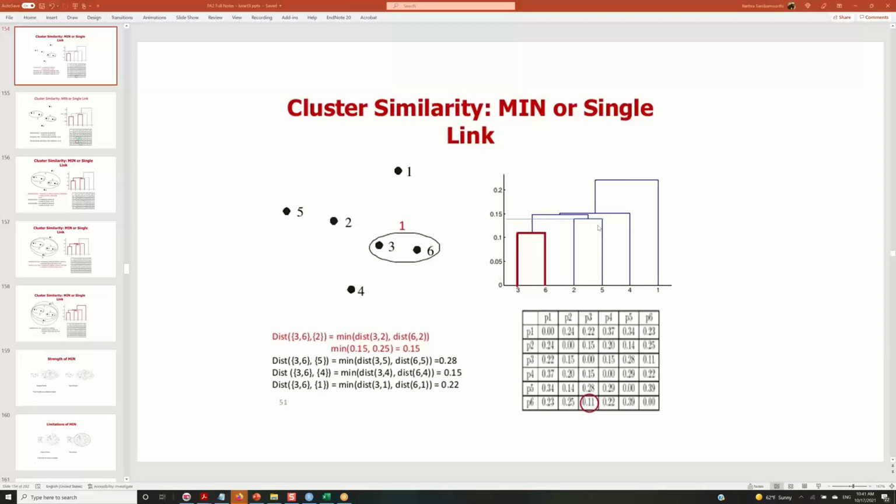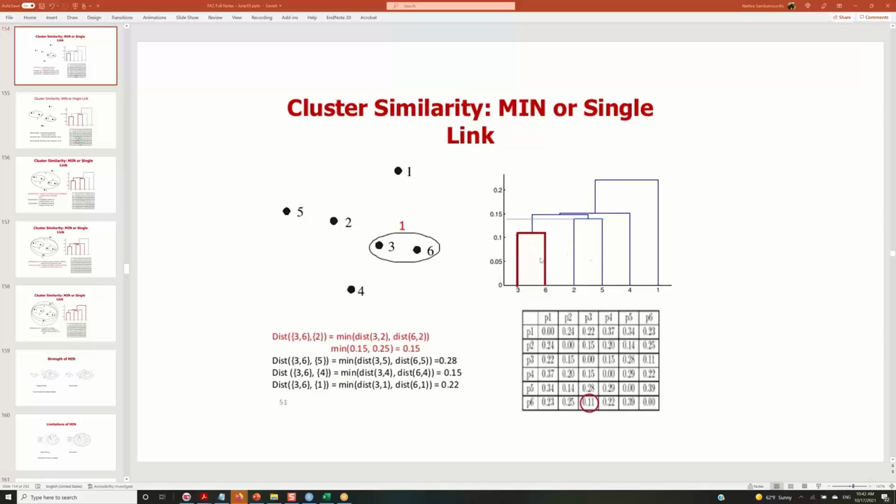Next comes 0.15. By the time 0.15 distance is coming, 3 is connected to 2. Is there any other 0.15? 3 is connected to 4 also, isn't it? 3 is connected to 2 and 3 is connected to 4. So by the time you reach 0.15, 3 is connected to 2.